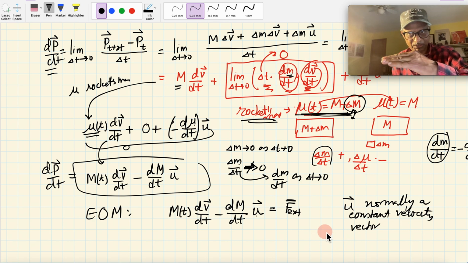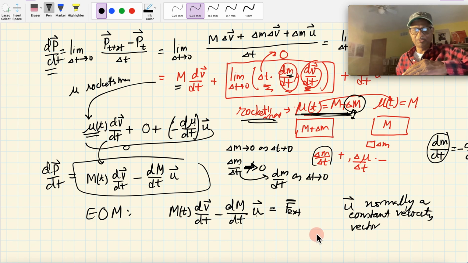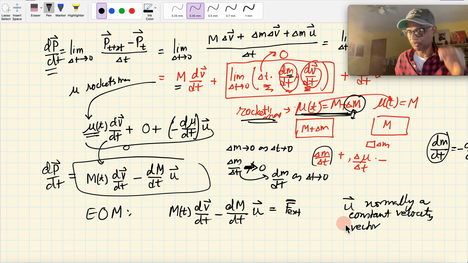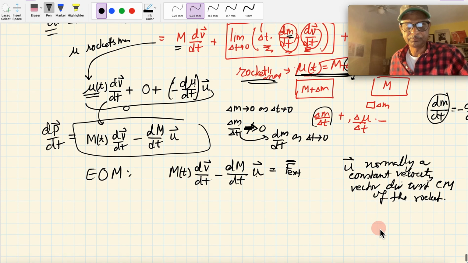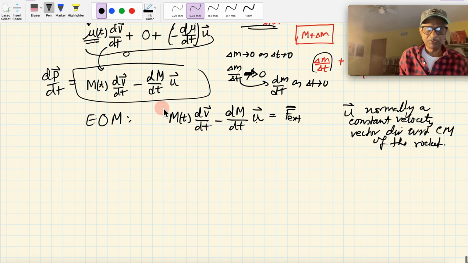If you want the rocket to go forward, if you want the rocket to turn, this u will be pointed in some other direction. Okay, but the direction is with respect to the center of mass of the rocket. All right. So this is the equation of motion.